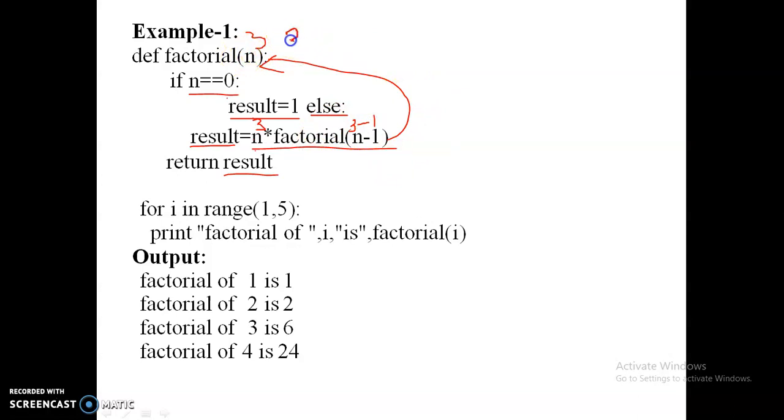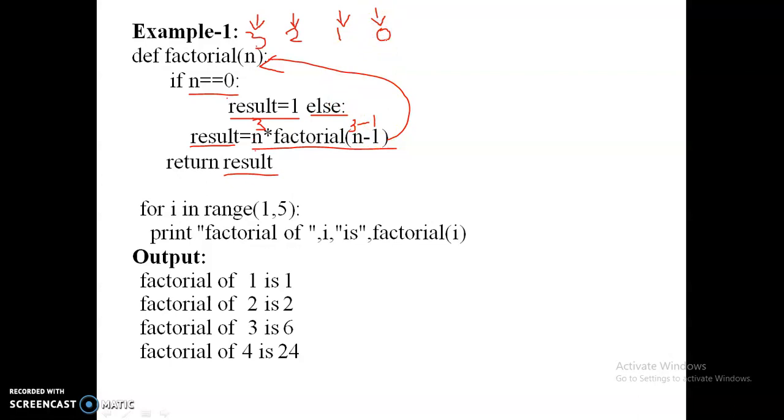Now the value of n is 2. Again it checks n equal to 0; it is not. So it creates a number of copies of the factorial function. The first copy has n value 3, the second copy has n value 2, the third copy has n value 2 minus 1, so 1, and the fourth copy has 1 minus 1, that is 0.